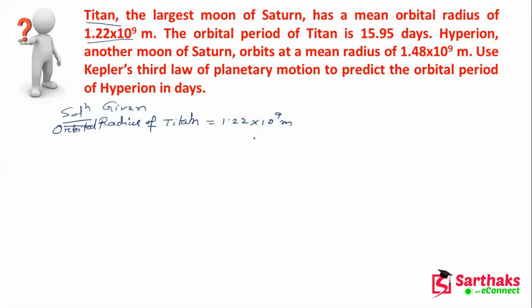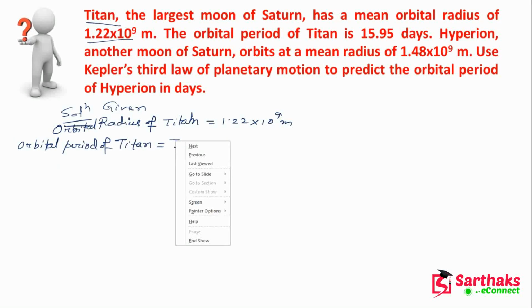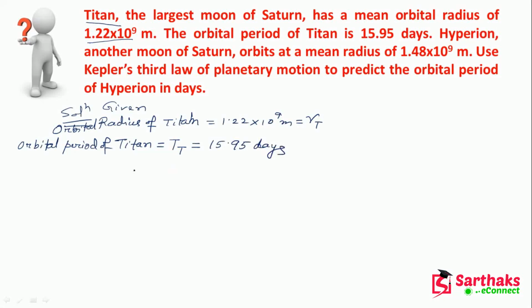Fine. Now the orbital period of Titan is 15.95 days. So the orbital period of Titan, we are calling this T, and this is our RT, equals 15.95 days.